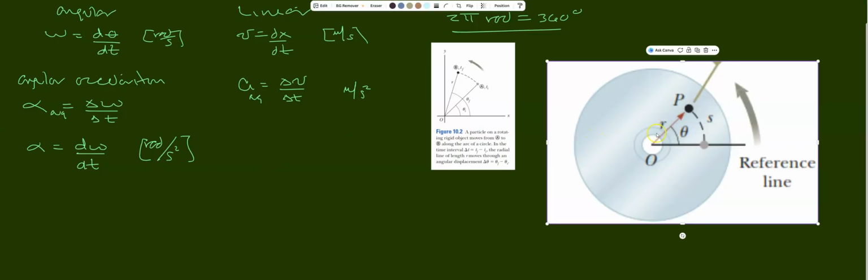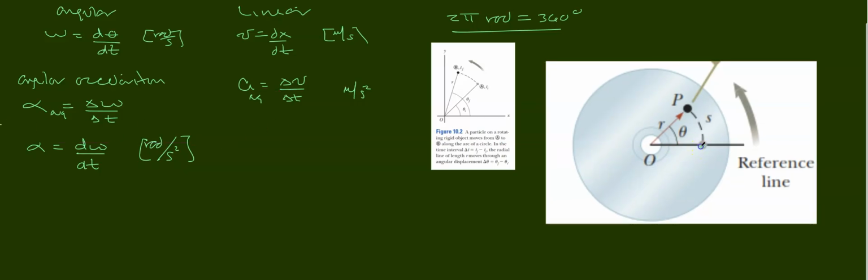Now, a few things. If we say that this particle moves from here to here, this is the initial position and then it goes there, that's the angular displacement delta theta.